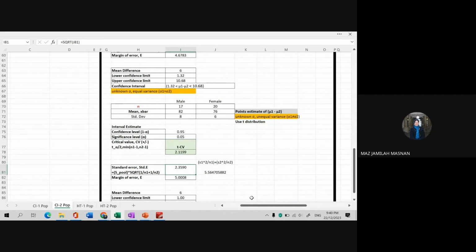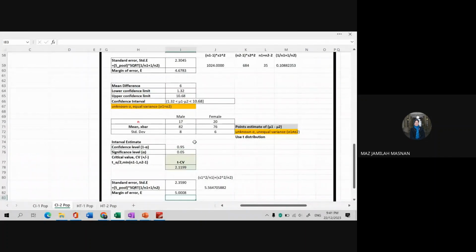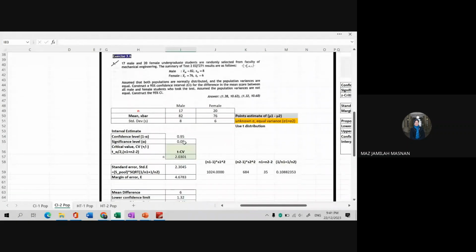And for the standard error, using the formula, I simplified my formulation, and I get the margin of error as the multiplication of these two values, TCV and the standard error, which gives me 5.0008. I can continue with finding the confidence interval for the difference between the two means of male and female, using the same 95%.